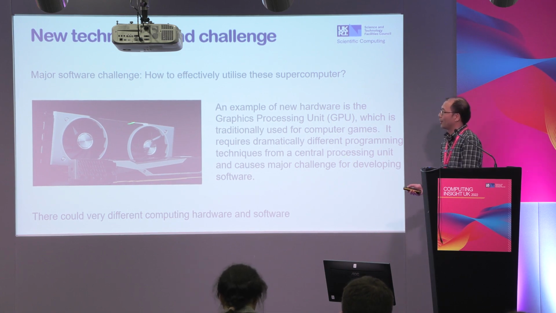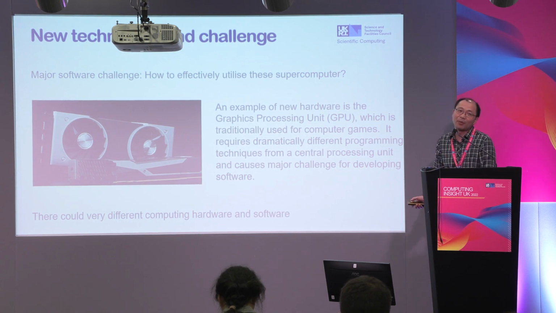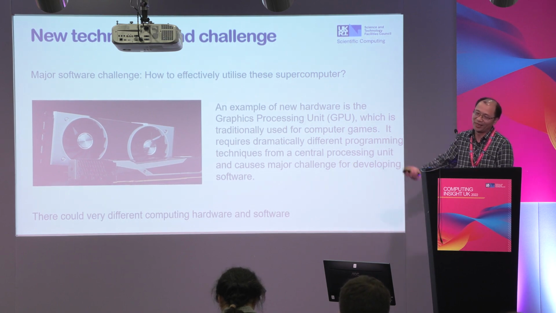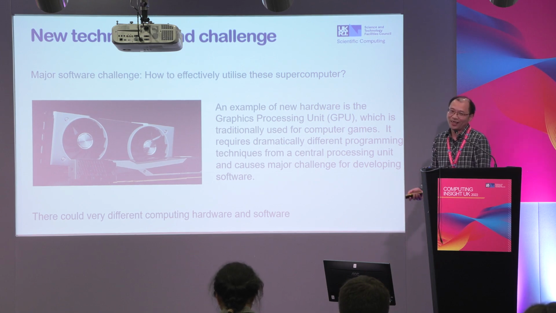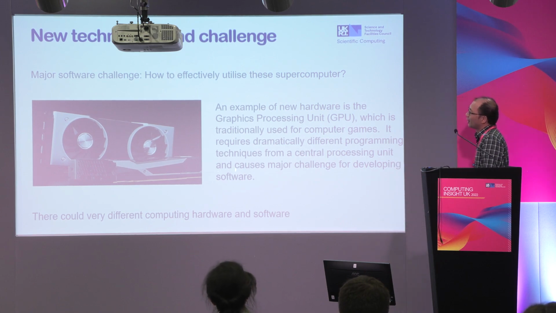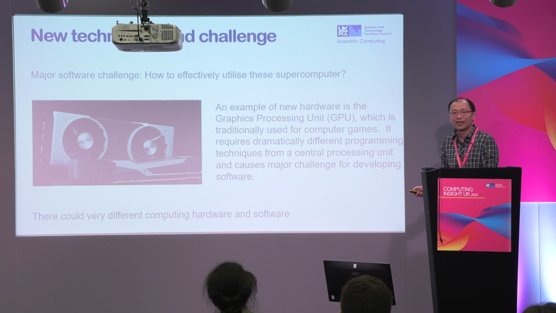This kind of device has actually been used for gaming. When we play computer games, in particular 3D games, we definitely need a very high-end computer graphics card. However, about 2000 years ago, sorry, about the year 2000, people found we could utilize this kind of device for computation, for modeling.